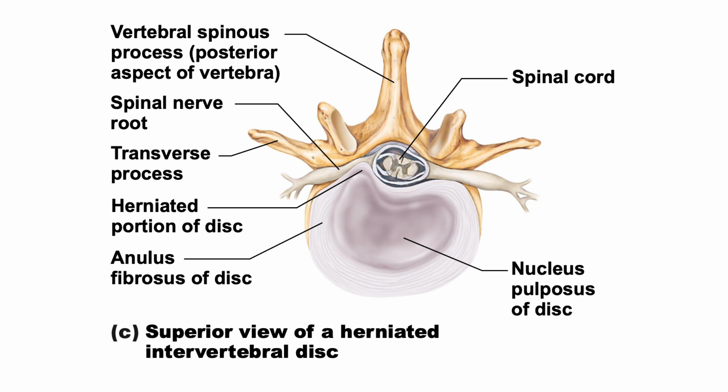So here we're looking at a herniated intervertebral disc. Based on the previous slide, with the annulus fibrosus and nucleus pulposus being the gel inside, you're going to see that the annulus fibrosus is protruding and basically pinching and touching that nerve that's coming off of the spinal cord. So in this situation, physical therapy might be a better option than surgery.